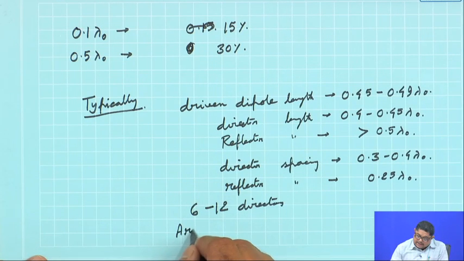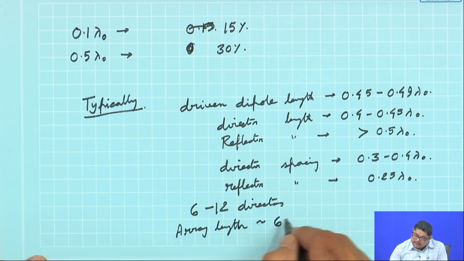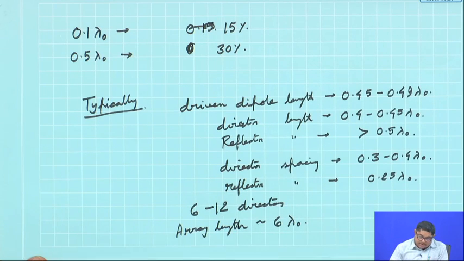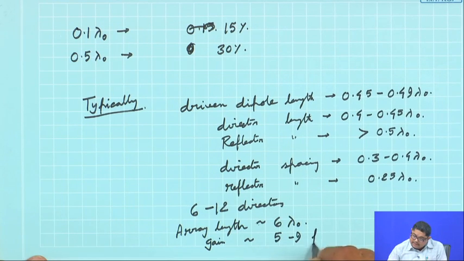So, array length is typically 6 lambda naught and gain is typically 5 to 9 per wavelength.